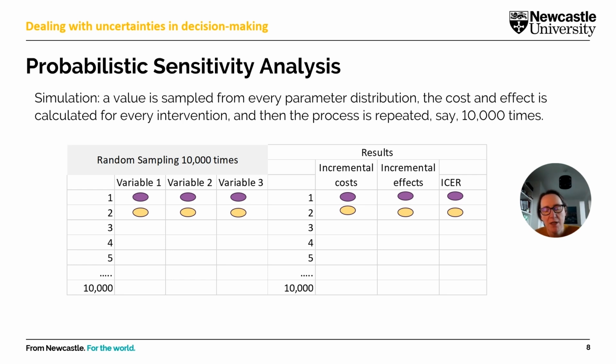So for every simulation, we have a unique incremental cost and incremental effect, and we can derive that unique answer. If you imagine a scenario where we run 1,000 simulations, we end up with 1,000 unique sets of results. Likewise, if we run 10,000 simulations, we'll have 10,000 unique results.